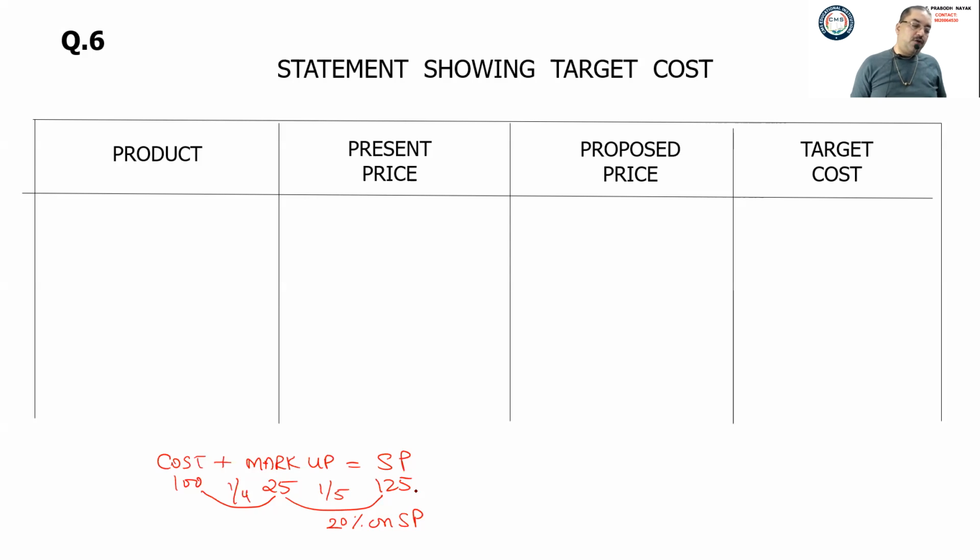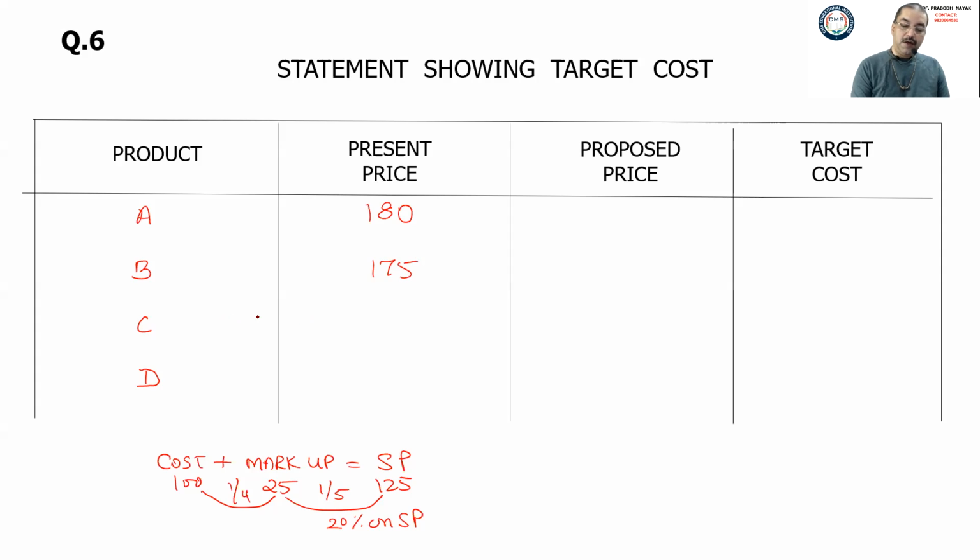So let us start for the 4 products now. Product A, product B, product C, and product D. Product A is 180. Product B is 175.